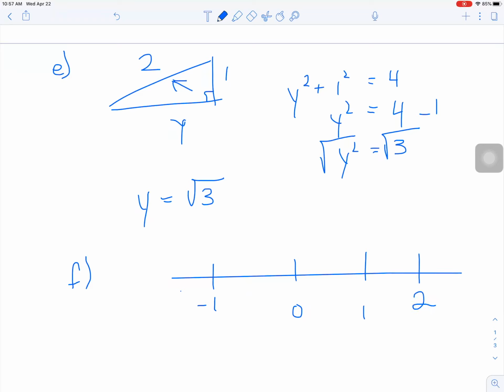All right, so if we look at the square root of 3, well, we know that the square root of 1 is 1, the square root of 4 is 2, so we know that the square root of 3 is going to be somewhere in here.